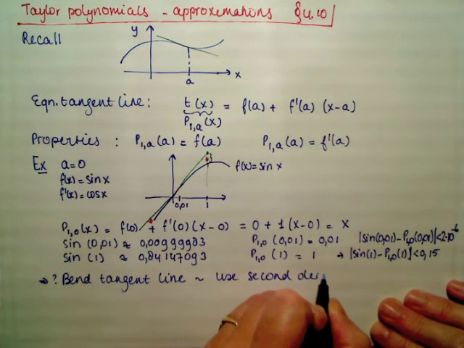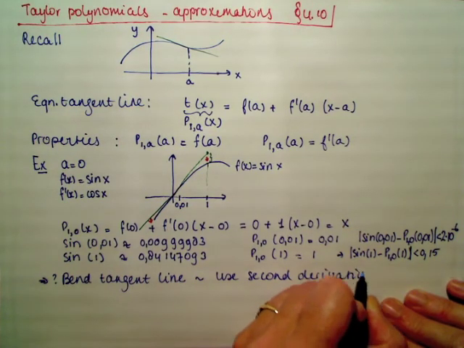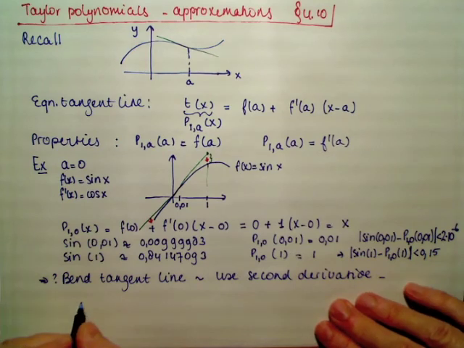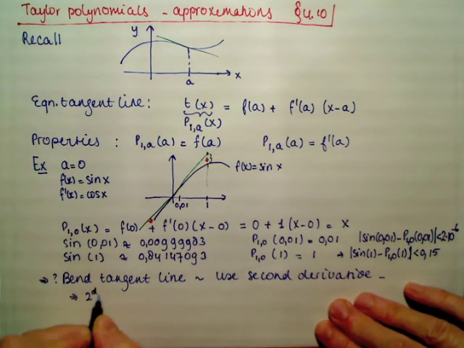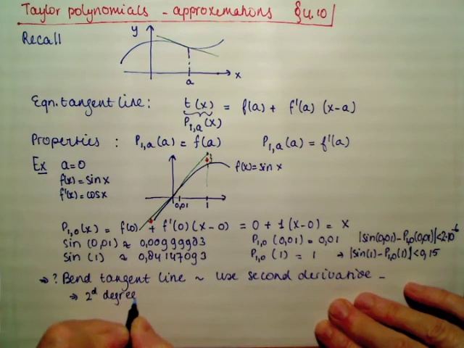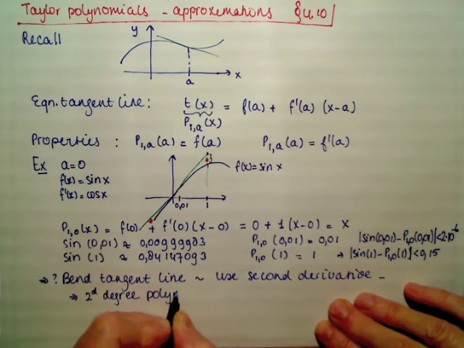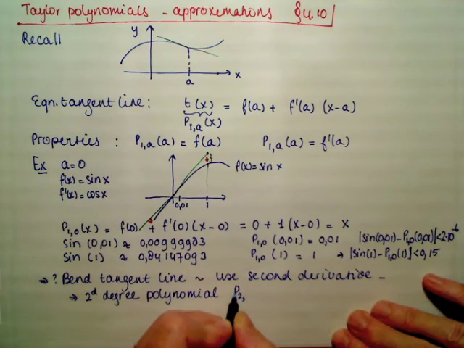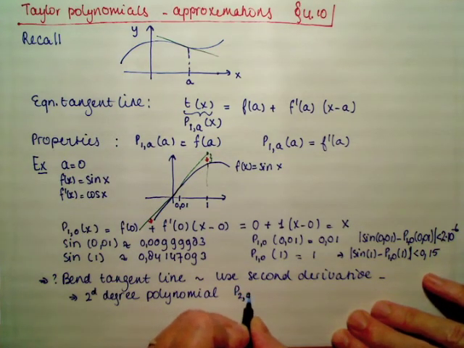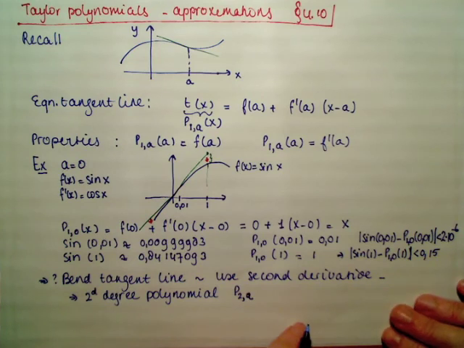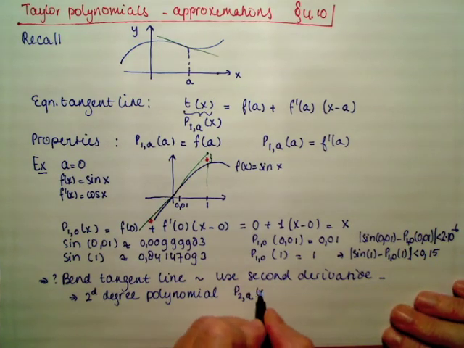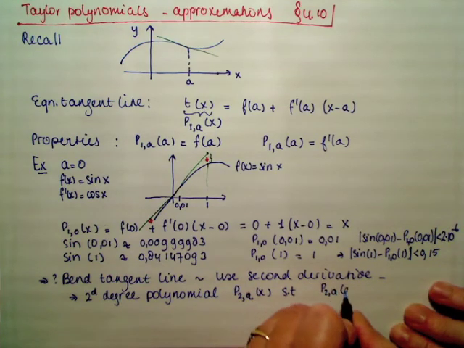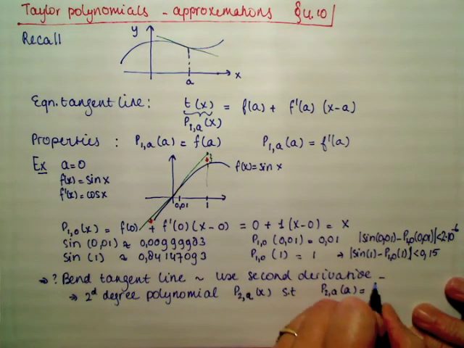And what conditions should we satisfy? This means that we want to have a second order, or second degree, polynomial, which we denote by P2A, because the base point is A, such that the value at A of the function and the polynomial are the same.